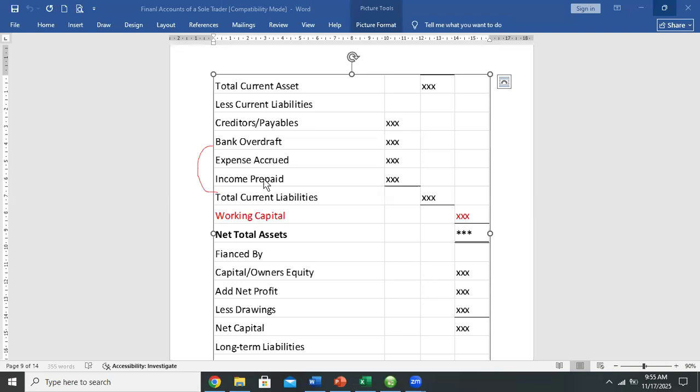Then the opposite of income accrued is income prepaid. So you remember the chop money scenario I used, where your father has not paid your October chop money. So you say your father is owing you the chop money. So chop money owings or accrued.